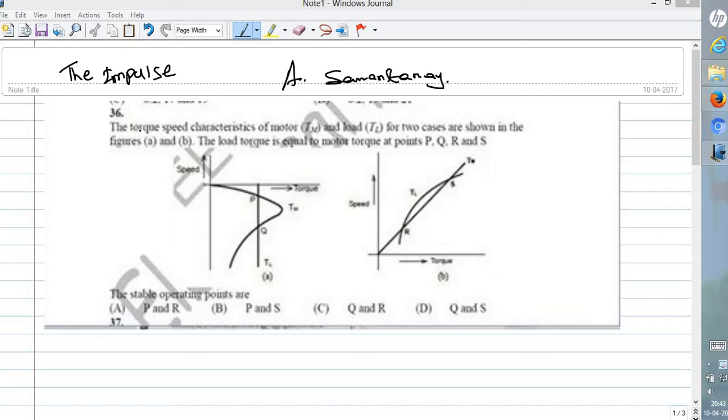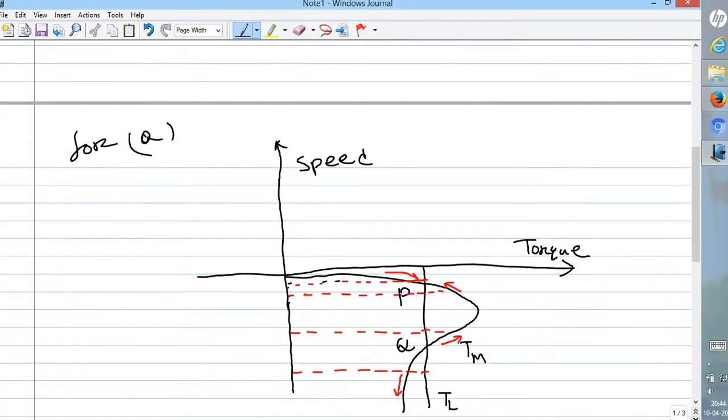The question states the torque speed characteristic of motor Tm and load TL for two cases are shown in figure A and figure B. The load torque is equal to motor torque at points P and Q for system A, and R and S for system B. The stable operating points are: option A, P and R; option B, P and S; option C, Q and R; option D, Q and S. The solution of the problem is discussed here.